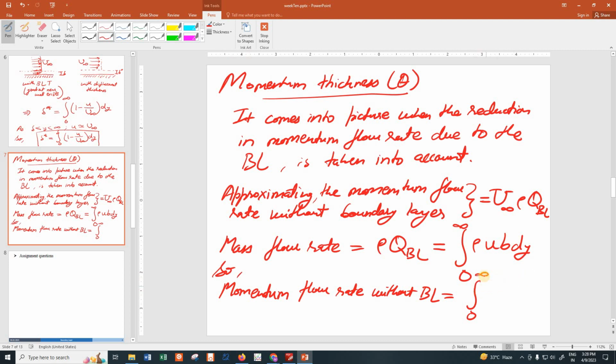So 0 to infinity. This was the rho QBL, right? So just multiply by u infinity in that: u infinity u b dy.